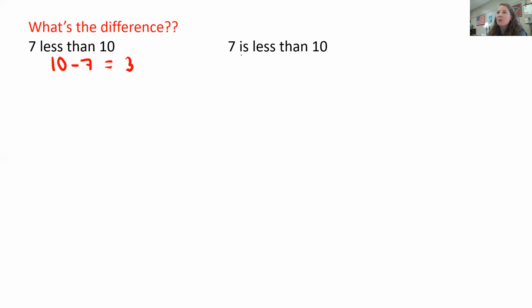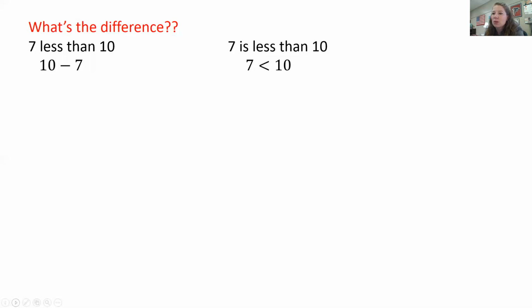But when you see the word is, this is a very slight difference. 7 is less than 10. That is a statement. 7 is less than 10, which of course it is. So that's the difference in when you use subtraction and when you use an inequality. Just remember that as you move forward in your math lives.